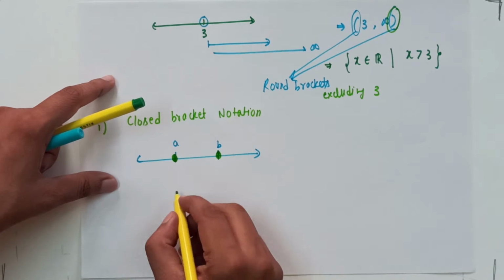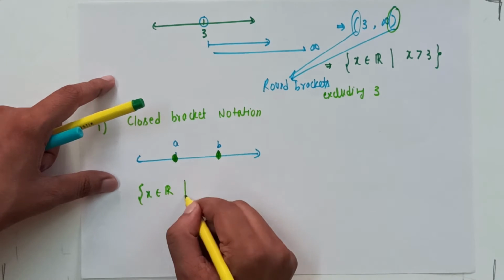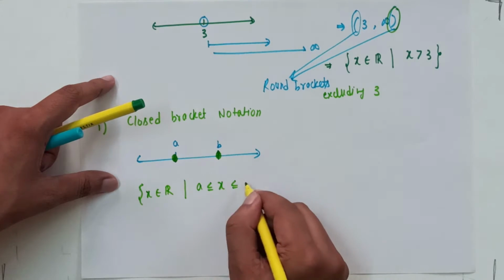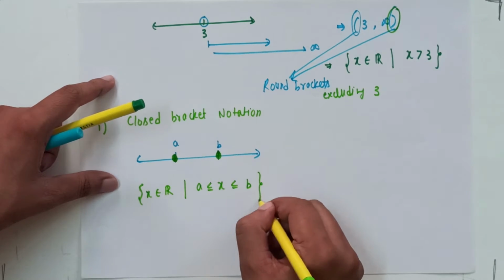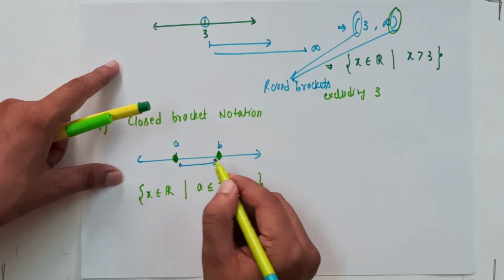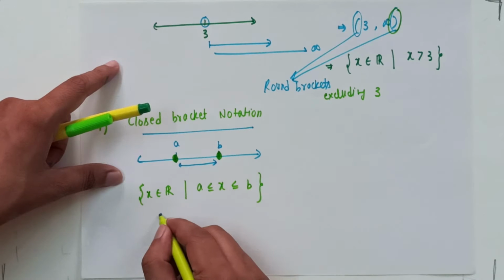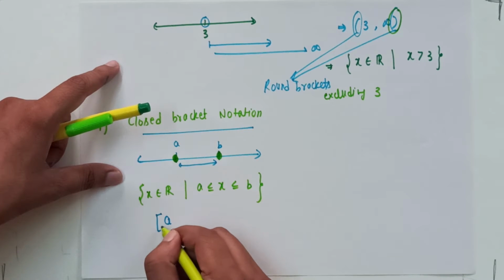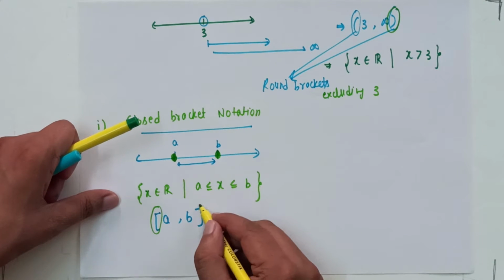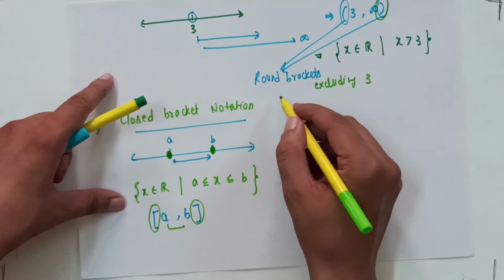So this will become x is an element of R such that A is less than or equal to x less than or equal to B. If we want to capture all the numbers between A and B including A and B, that comes under close bracket notation and it is represented as close bracket A, B. So these close brackets imply all the numbers that lie between A and B including A and B.